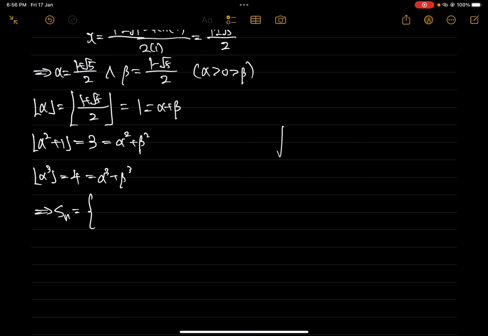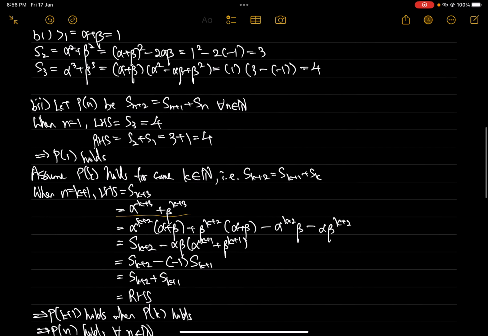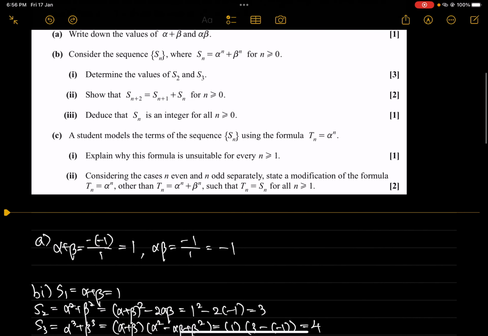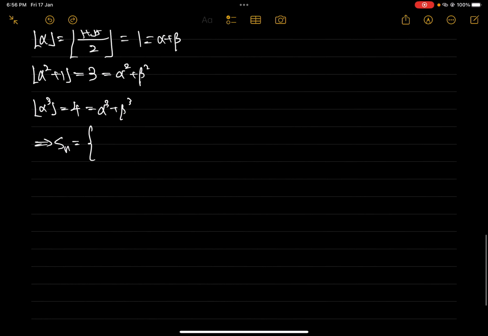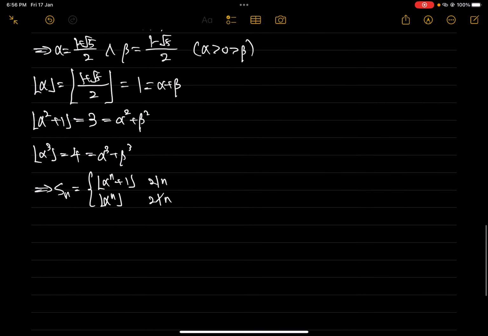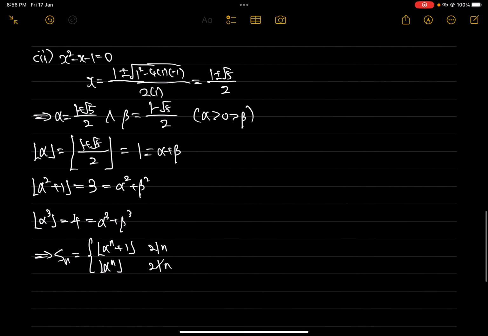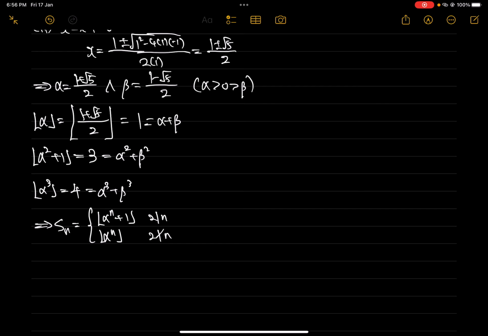I wouldn't do this by induction because the question only requires me to state a formula, not to prove one. So I'd say just floor of alpha^n plus 1 when 2 divides n, and floor of alpha^n when 2 does not divide n. So that's my answer for part C2, just using the floor function.